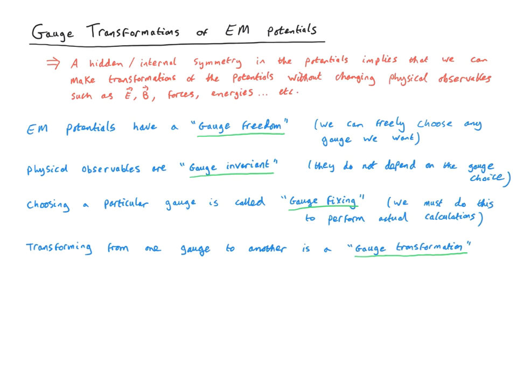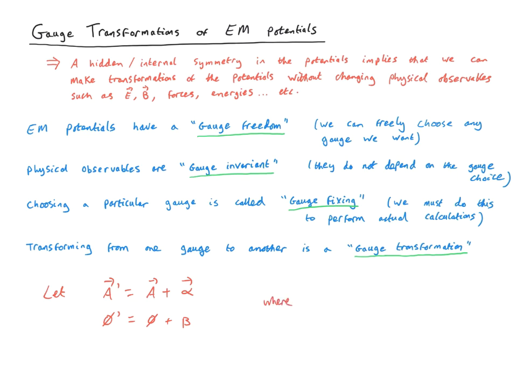In particular, we'll suppose that the vector potential can be transformed by adding to it a vector field alpha. Also, we'll assume that the scalar potential can be transformed by adding to it some scalar field beta.